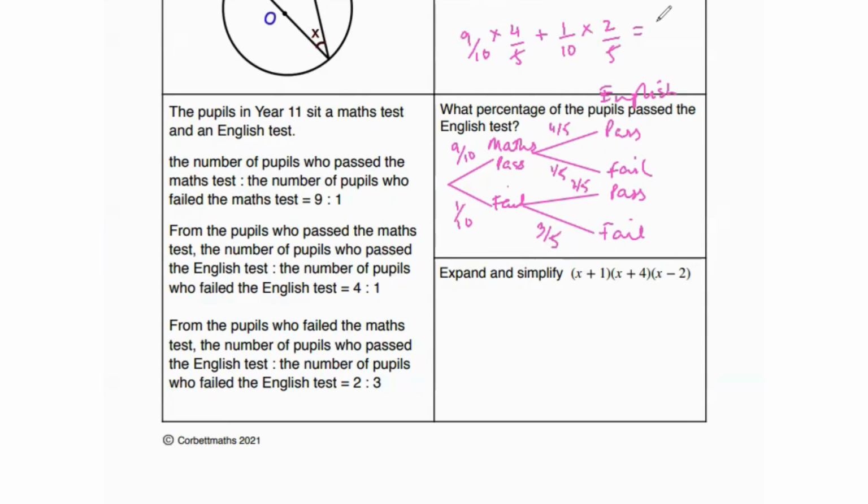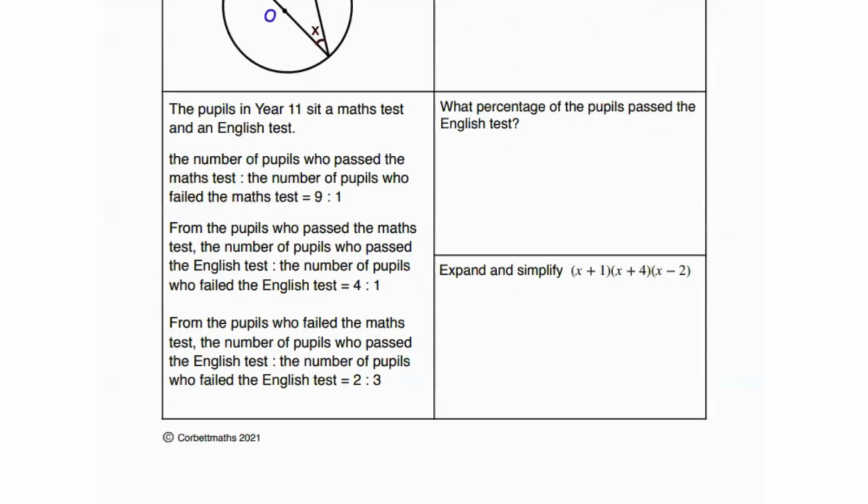So that's going to be 36 over 50 plus 2 over 50, which is 38 over 50. Then you multiply 38 over 50 by 100, which is going to give us 76%. So that is the percentage of pupils who pass the English test.